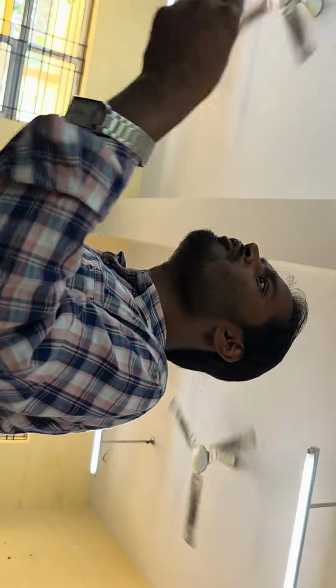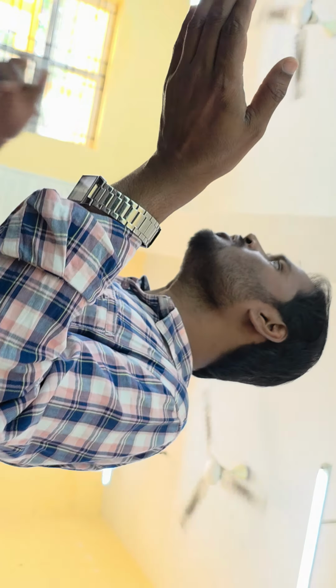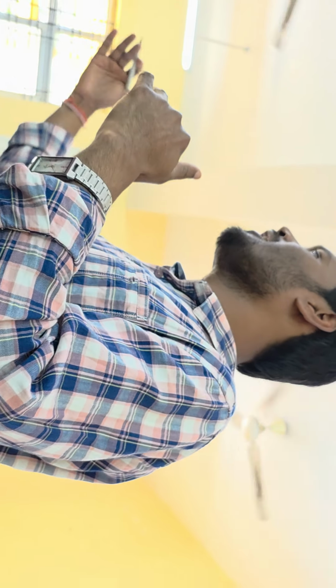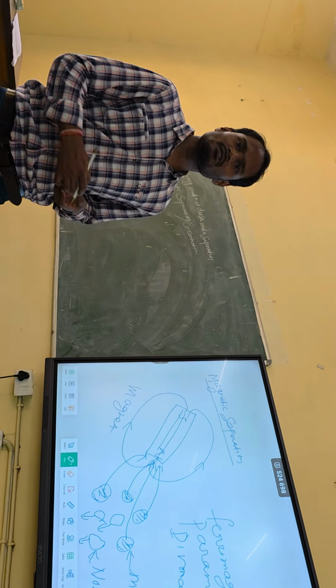That powder will have magnetite, Fe3O4, plus silica, and some alumina may be there. So what will happen? This fine Fe3O4 will get attracted to the magnet, but the silica and alumina will not get attracted. They will just fall down. You understand the point? Very good.